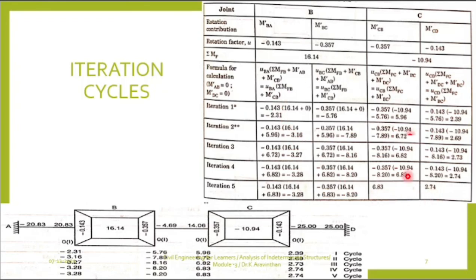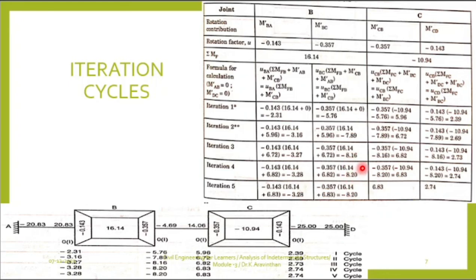See, now we have stopped the iteration. Why? Because you can check that at iteration 4 you got 3.28, and at iteration 5 you are getting the same value, 3.28. If you are getting the same answer in both iterations, that is the point where you have to stop. Initially you got minus 5.79, in the next iteration minus 7.89, and further you will be getting 8.2 and 8.2, the same value after the next iteration.